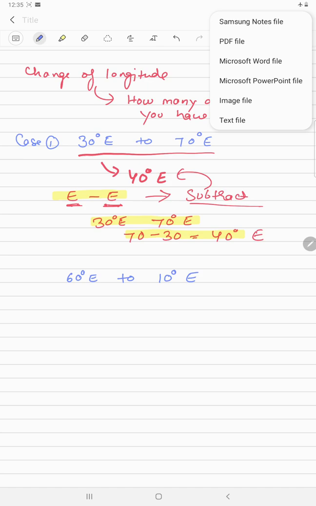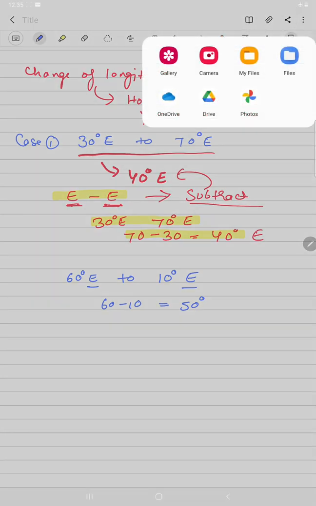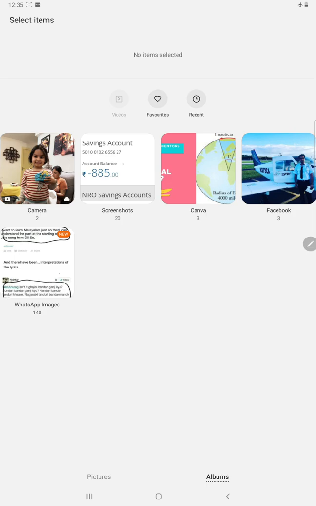But first, before I put the diagram, just have a look here. Both are east, right? So simple, we have to subtract. So 60 minus 10 will be your 50 degree. You have moved 50 degree, but in which direction?